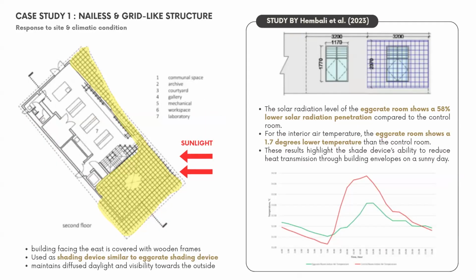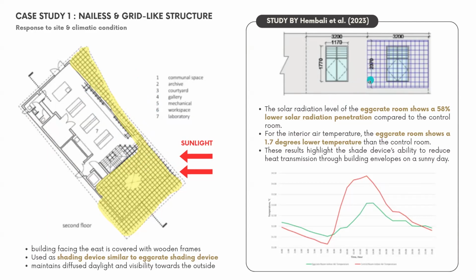So I looked into how this system helps to improve the climatic response of the site. You can see from this plan, this structure is placed facing the sunward, the sunlight direction. So I assume it's used as a shading device similar to the egg crate shading device. I looked at the shading effects of an egg crate shading device.